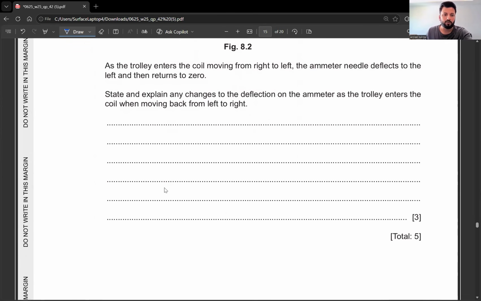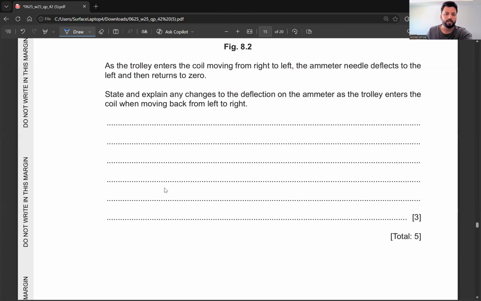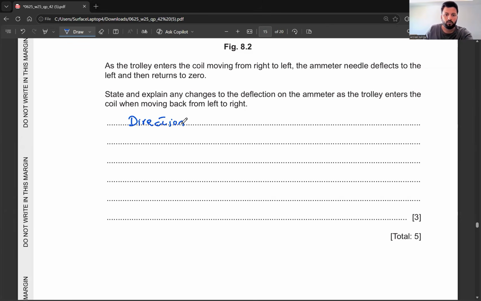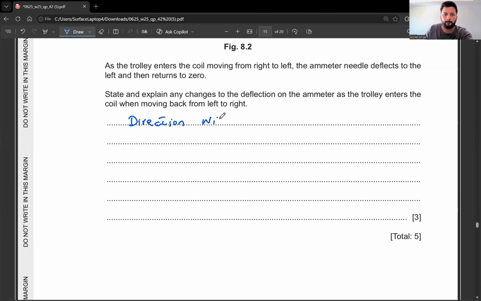When it is moving back from left to right, the direction will be left. You have to write 3 points for that. Obviously, when the trolley is moving, current will be induced.